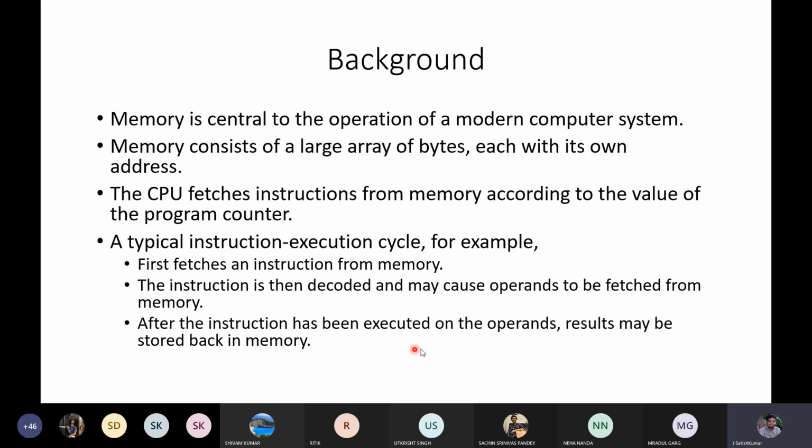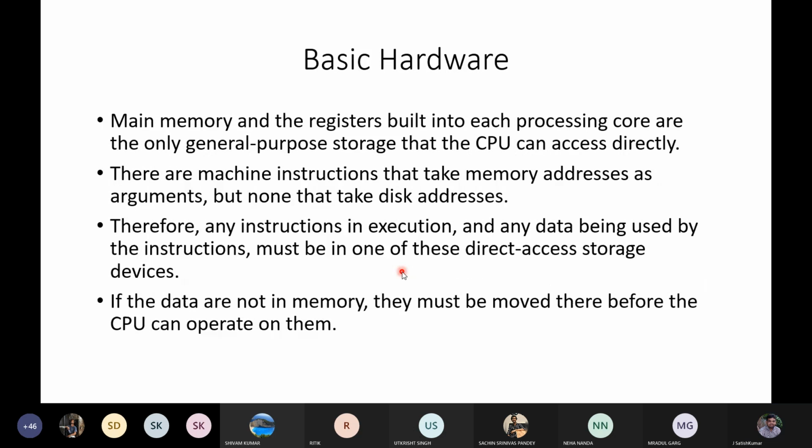Typically, the memory is where the processor takes the instruction from, and after finishing the instruction, the result will be placed in the memory bank. So main memory and the registers are built into each processing core, but the registers are placed in the motherboard, close to the processors. These instructions are taken from the main memory.